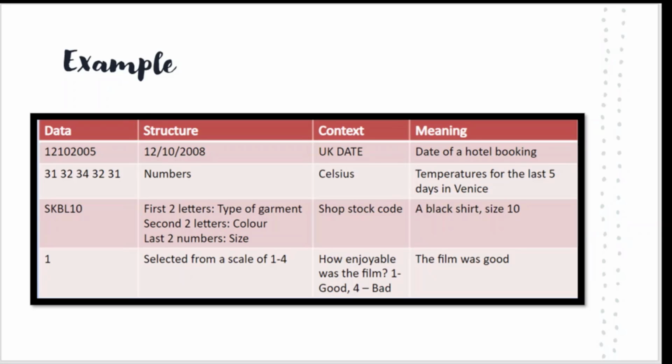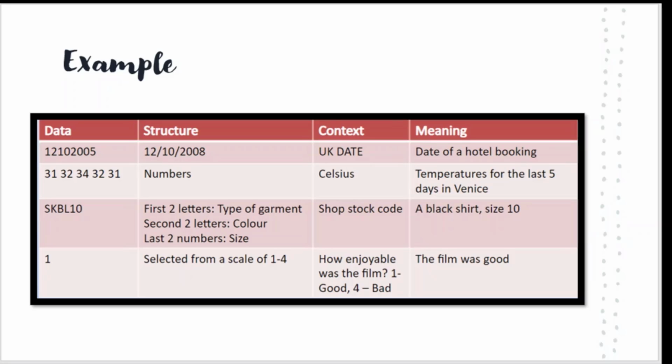So if you ignore the context and the meaning of this, actually this data now, because it has structure, became information. You kind of know what that data is. Okay, if you add context, and you say that that represents the UK date, the numbers are in Celsius, the third line is the shop stock code, and the last one is a rating, that makes a lot more sense.